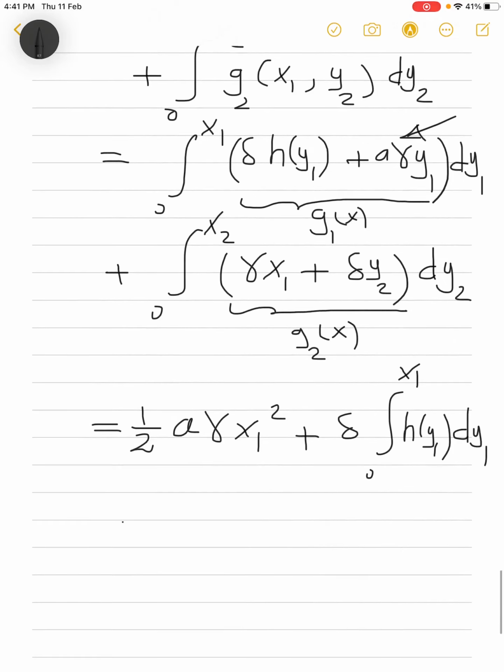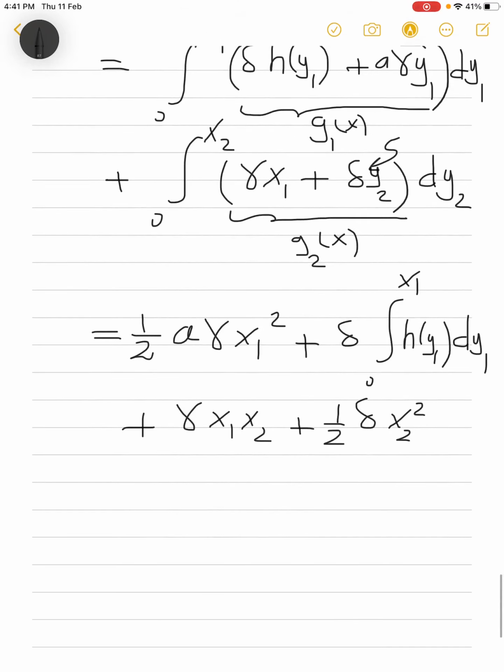And then the integration for the second term will have gamma x1 x2 plus 1/2 delta x2 squared, and that comes from the second term here.